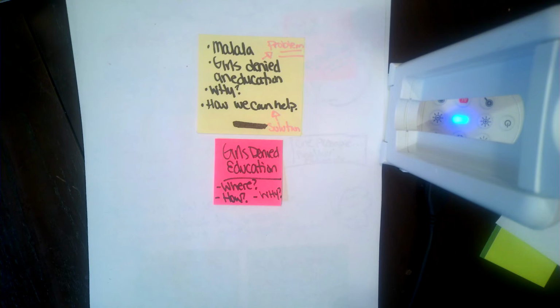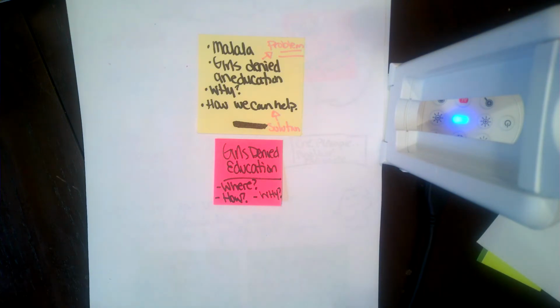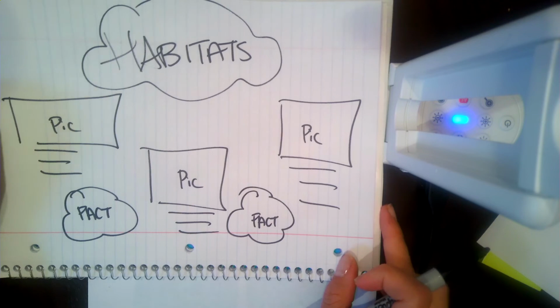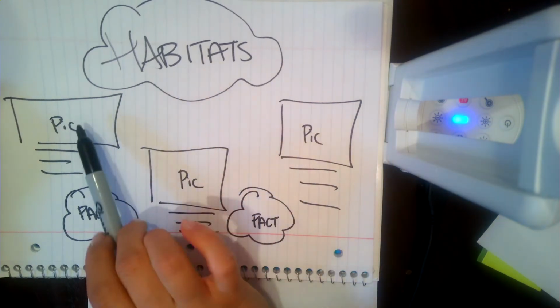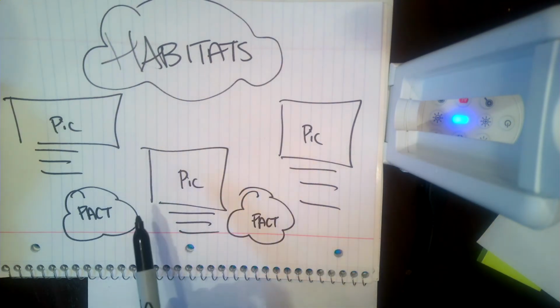And last but not least, I came up with this idea with another student, but another way to kind of present a page, and this is like a random page on habitats, but I just want to show you ways that your information can also be presented.